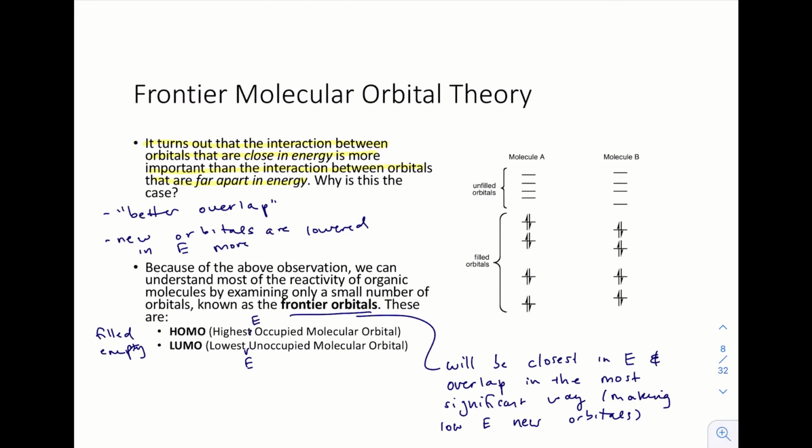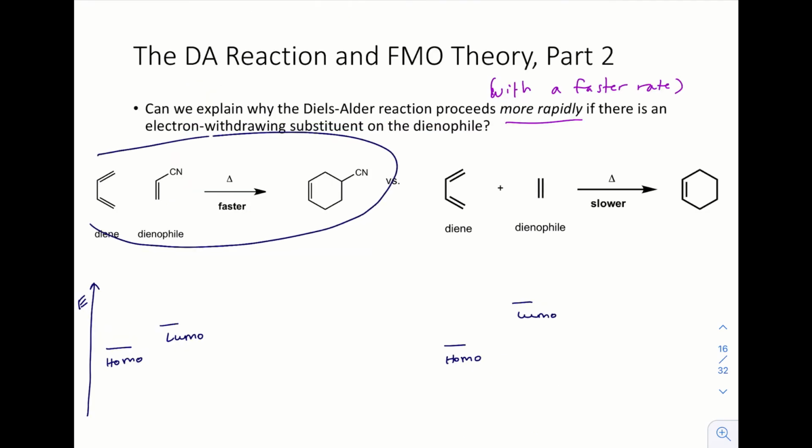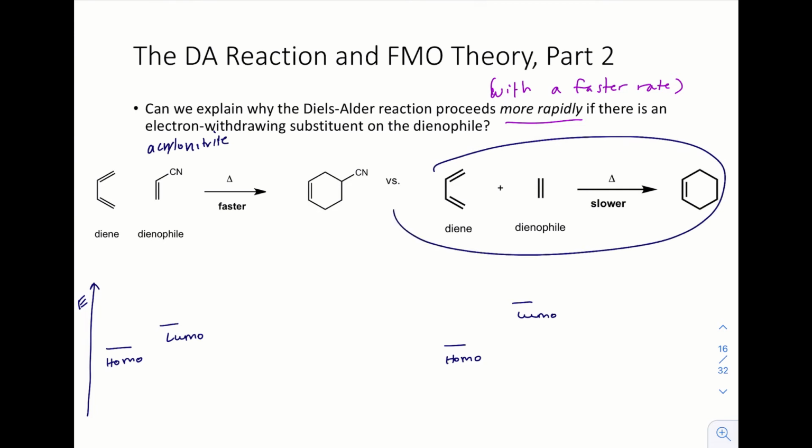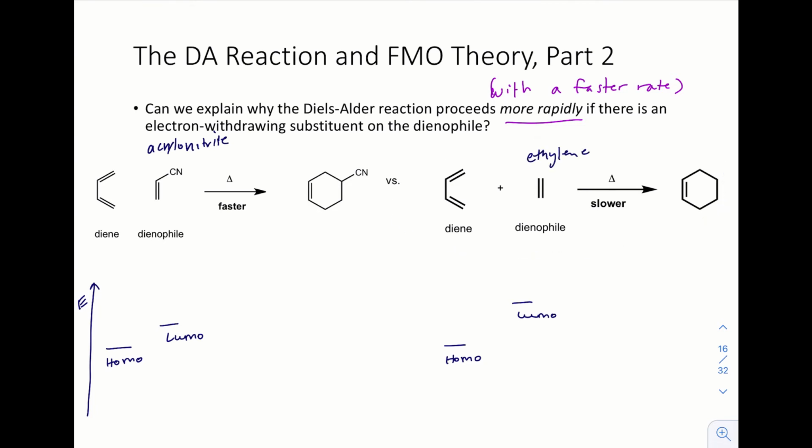So for these two reactions, the Diels-Alder between 1,3-butadiene and acrylonitrile versus the Diels-Alder reaction between 1,3-butadiene and ethylene, the reaction is faster with acrylonitrile, which has an electron withdrawing group. The dienes are the same, so the HOMO for each diene is the same because they're the same molecule.